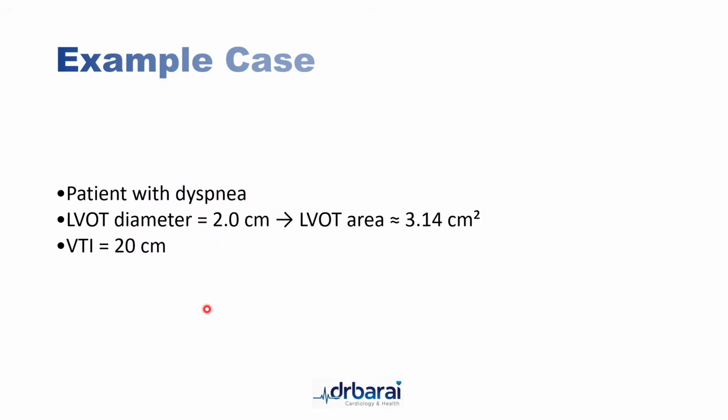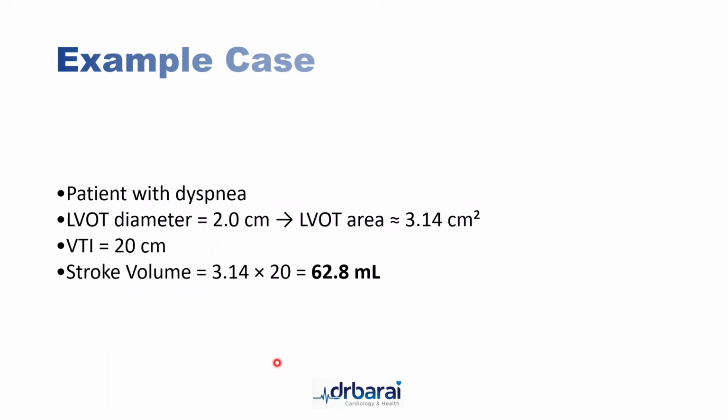If the VTI is 20 centimeter, it means that when the left ventricle contracts, the blood flows for 20 centimeter every time. Because the area is 3.14 square centimeter, the stroke volume is 3.14 multiplied by 20, which is 62.8 ml. Not bad.